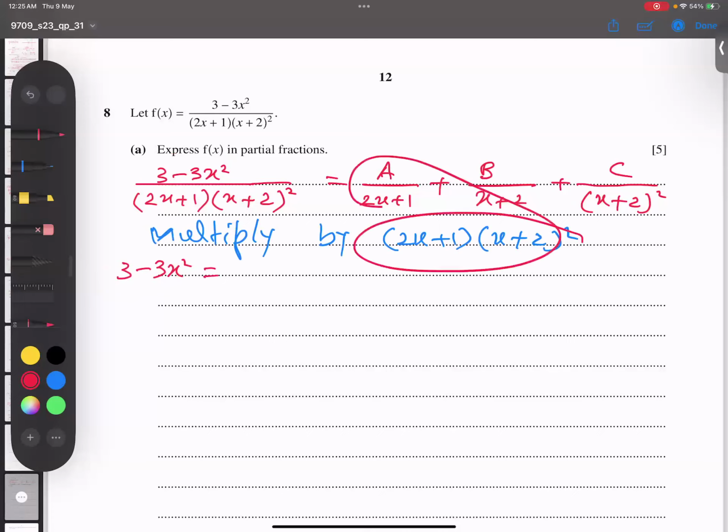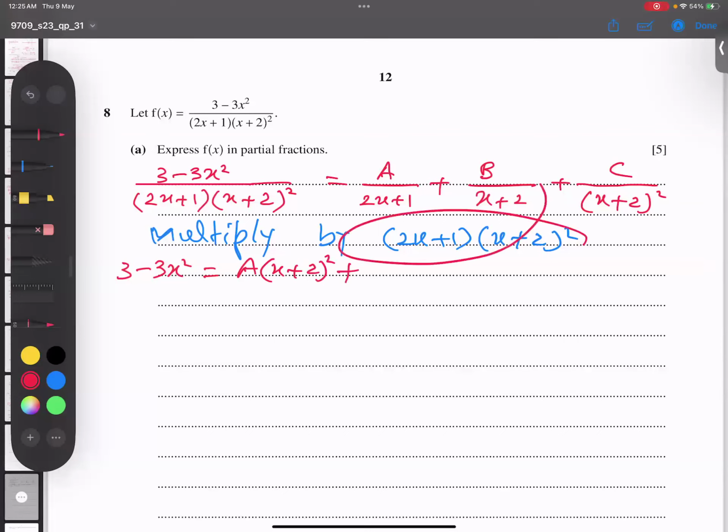When I multiply with this factor, this cancels out and this will stay beside a. When this is multiplied with this one, this will cancel and the power 2 will stay beside b. And what about this one, when you multiply the whole thing with that, I mean this blue one, it completely cancels, this will stay beside c.